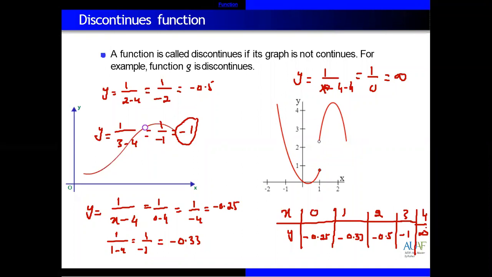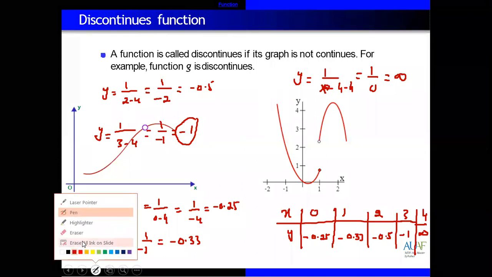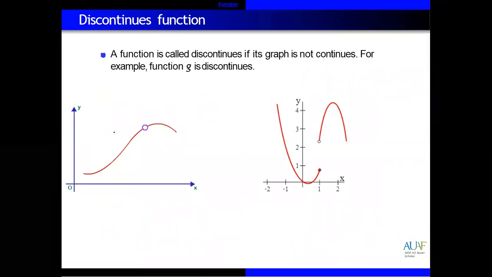For 0 we have a value, for 1 we have a value, for 2 we have a value, for 3 we have a value, for 4 we don't have a value. For 5 we have a value. So when drawing the graph, we draw the xy plane.